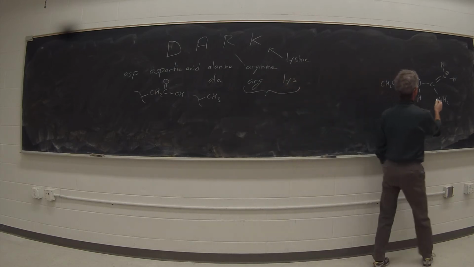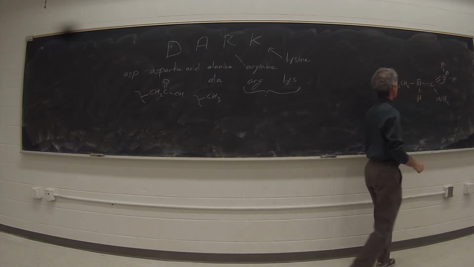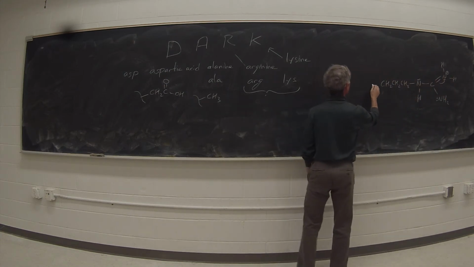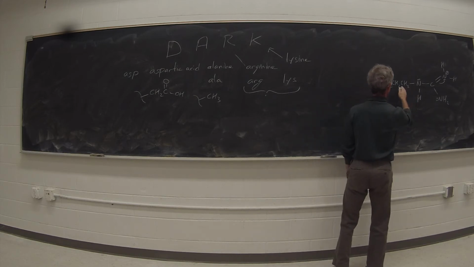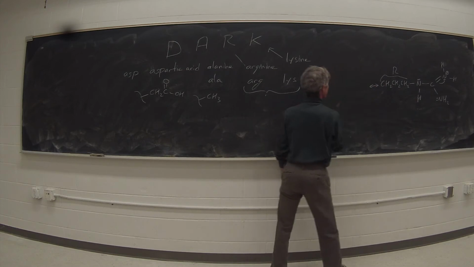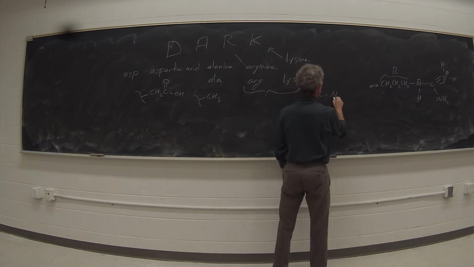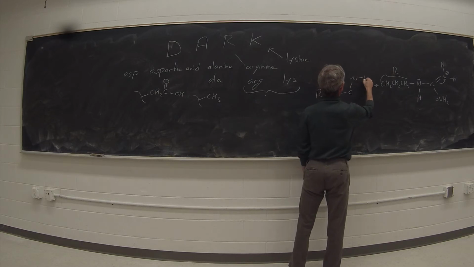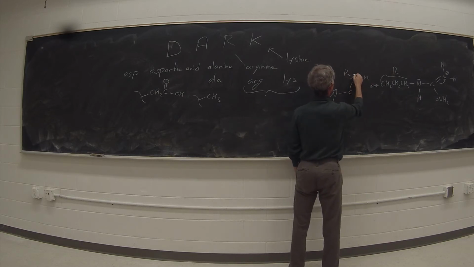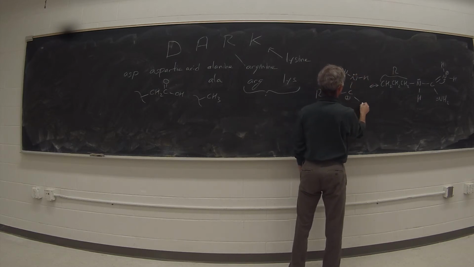By moving this pair of electrons around, we can put the positive charge on the carbon. I'm going to leave off the CH2, CH2, CH2, and just draw this as R. So we can get a resonance structure that looks like this. Carbon.